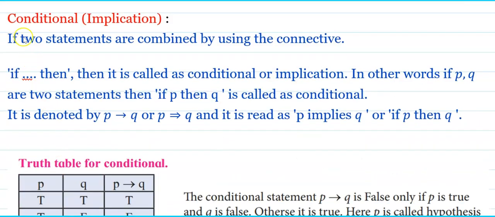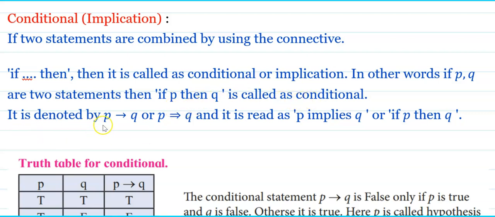Now the next, conditional or implication. If two statements are combined by using the connective if then, it is called a conditional or implication. In other words, if P, Q are two statements, then if P then Q is called a conditional.